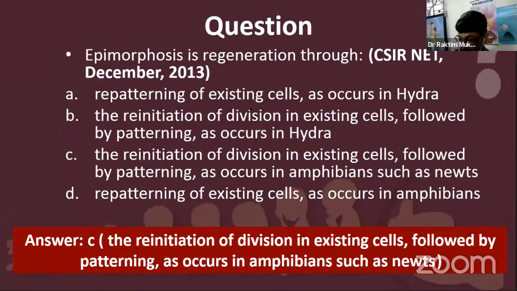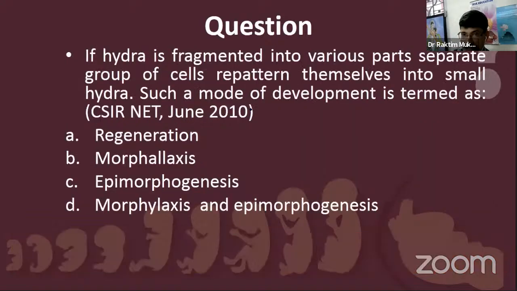If hydra is fragmented into various parts, separate groups of cells repattern themselves into small hydra. Such a mode of development is termed as, CSIR-NET June 2010. The four options are regeneration, morphallaxis, epimorphogenesis, and morphallaxis and epimorphogenesis.